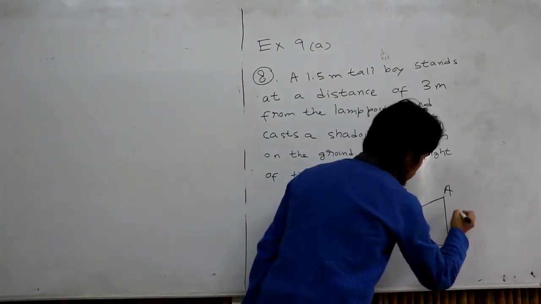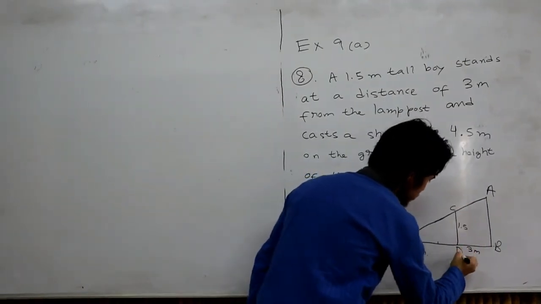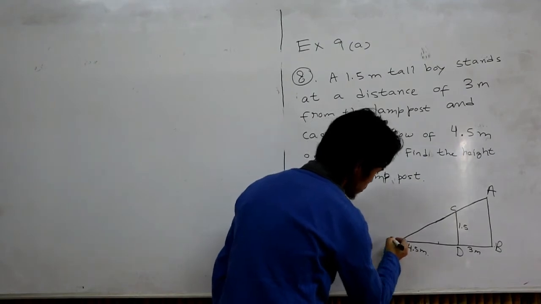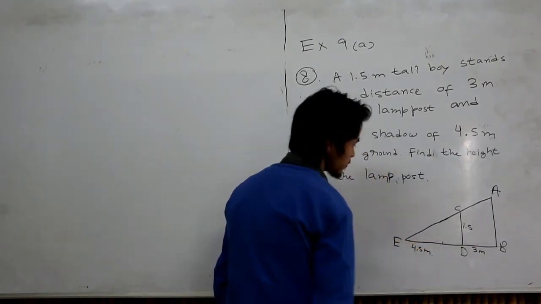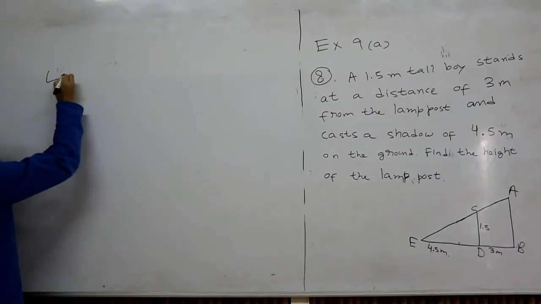We choose AB to be the lamp post, let CD be the height of the boy, and then DE be the length of the shadow of that tall boy. So now let's mention the diagram properly.